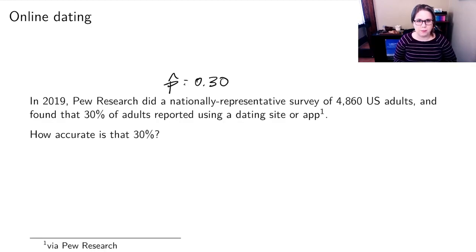That was just one sample, and they might have gotten people who were less likely to do online dating or more likely to do online dating just by chance when they took that sample. And so we want to know, what are some other values we could have observed? Is it centered right around 30%, 29 to 31%, or is it way wider? Like it could have been 10% or it could have been 90%.